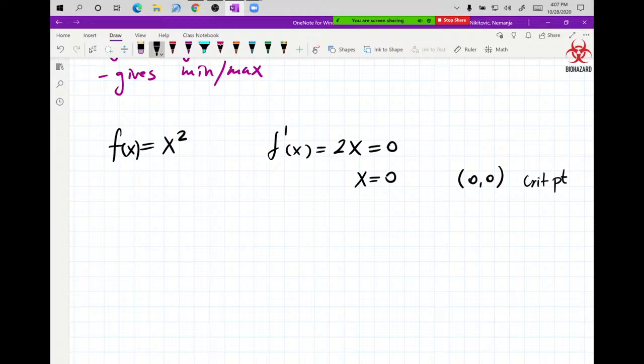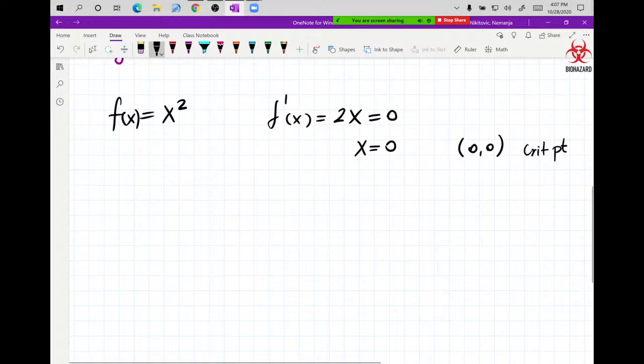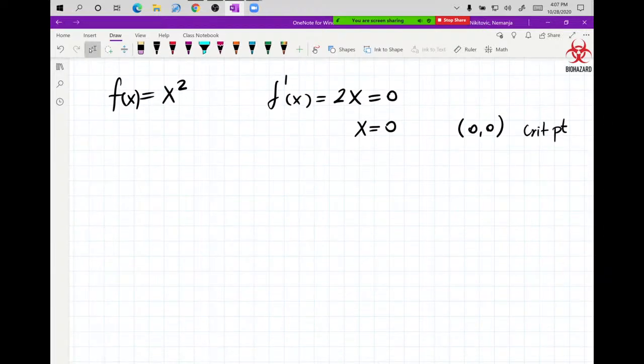Now we know x squared, we know this is a minimum, but we can use the first derivative test to show that this is a minimum while figuring out the regions of increase and decrease. So now, how does this work? Well, you take a number line, in our case, domain negative infinity to positive infinity, and you partition that one at your critical point.